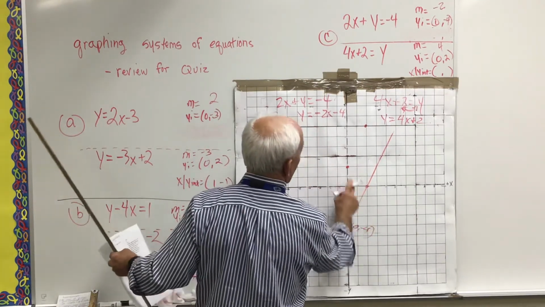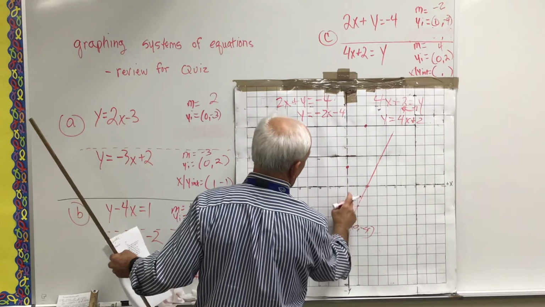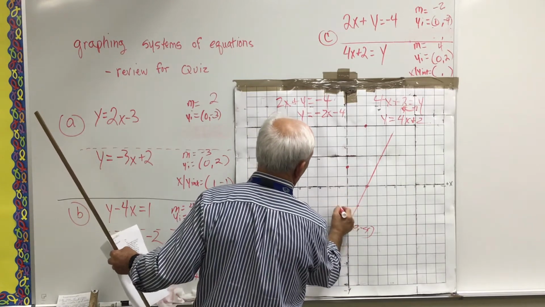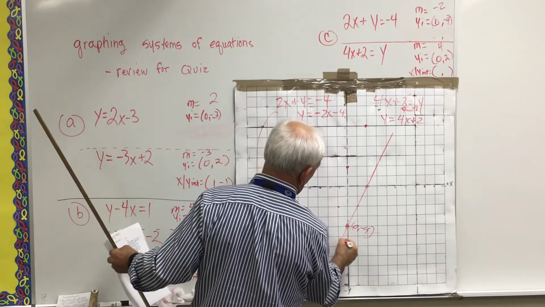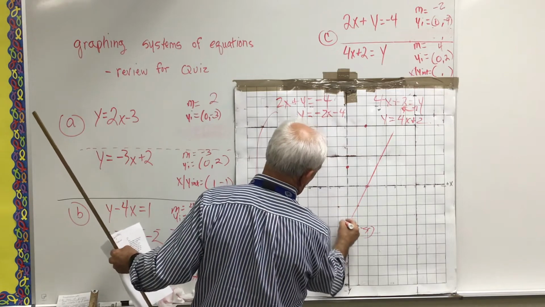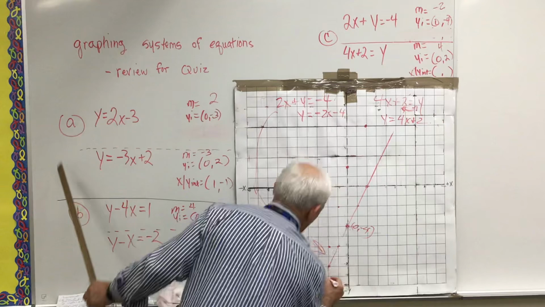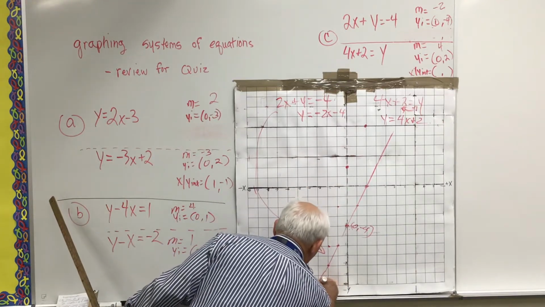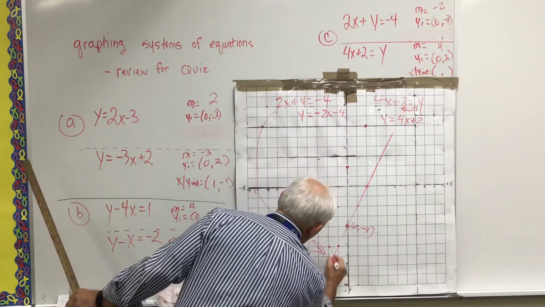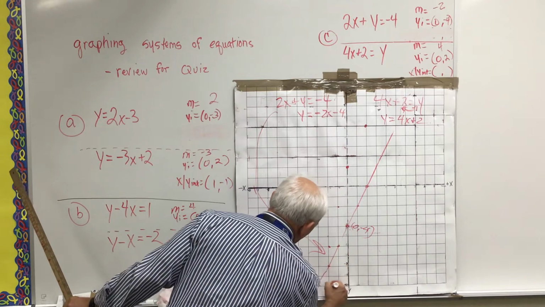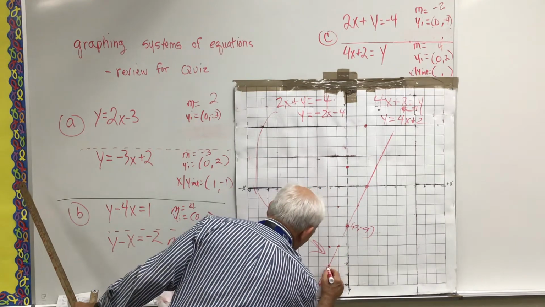All right, I'm starting at positive 2, going down 4 over 1, okay, down 4 over 1, and this is going to keep going here. Down 4 over 1, there we go.